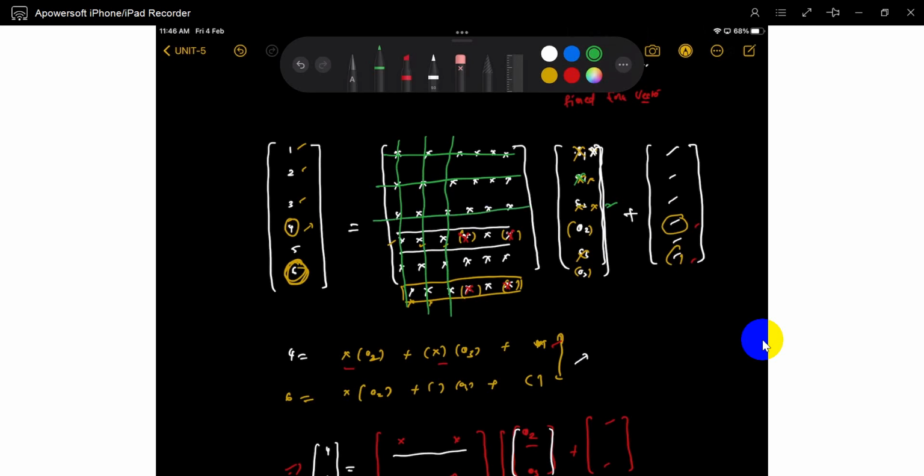Fourth is an unknown value, it has a value, just leave it. Fifth is again 0, you can strike out the fifth column and fifth row. Only 4 and 6 are there, so you just leave the fourth column and fourth row, sixth column and sixth row.